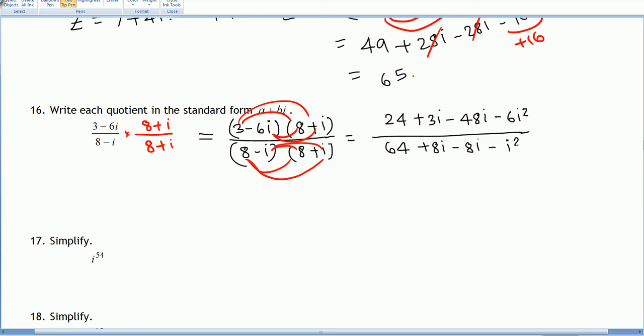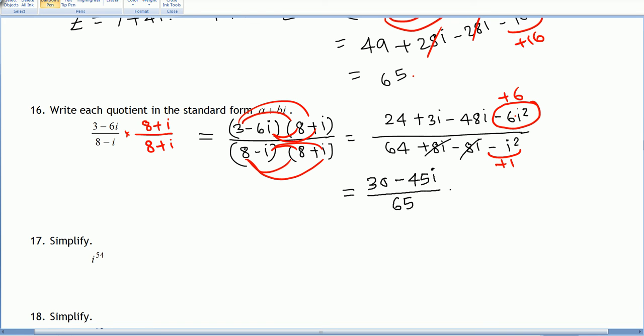Now we use the fact that i squared is negative 1, so negative 6 times negative 1 is plus 6. We get 24 plus 6, that's 30, plus 3i minus 48i, which is negative 45i, over 64 plus 1, 65, the 8i terms cancel.